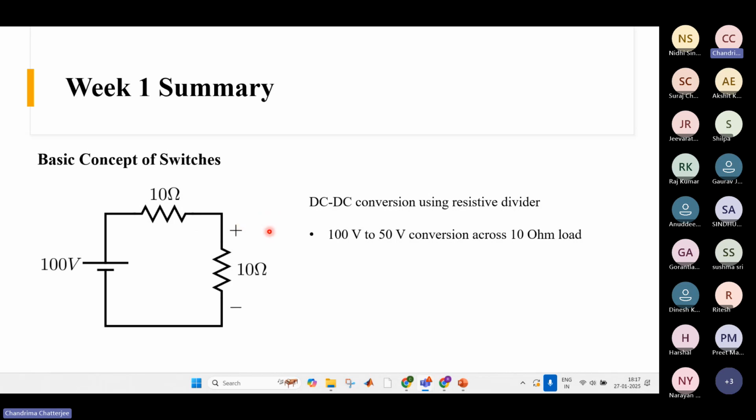So the effective power that you will get is half of this source power, right? So this is completely lost, and then the efficiency becomes very bad. And we don't want that. We want a very highly efficient circuit. So this is not a good way to get a lower value of voltage by using a resistive divider. So that's what I have written here.